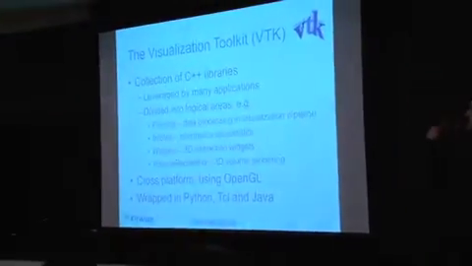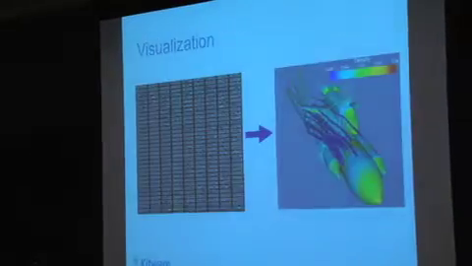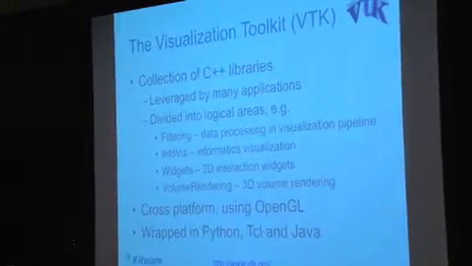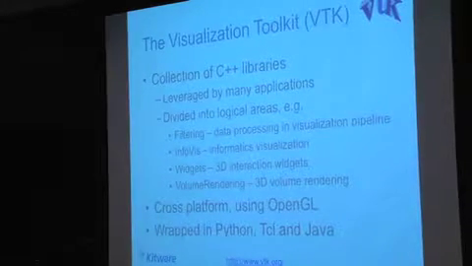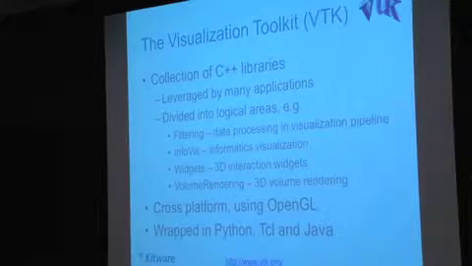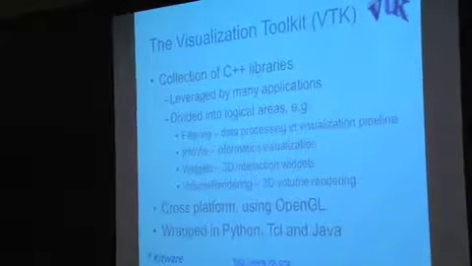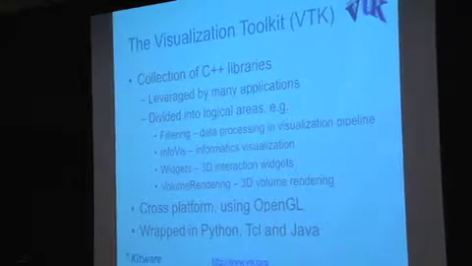The main frameworks that we work on, a lot of the time, I work in C++, so it's quite low level. We use VTK in many different applications, and it's divided into a set of different capabilities. So we have things like filtering, information visualization, three-dimensional widgets to help you interact with the data, and volume rendering, which is often very important in scientific data rendering.